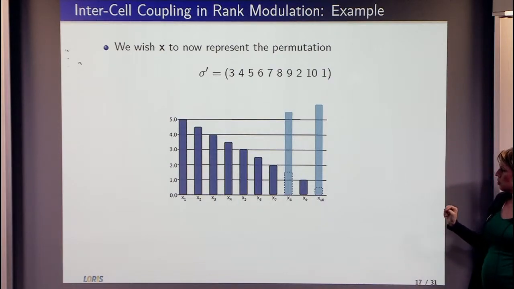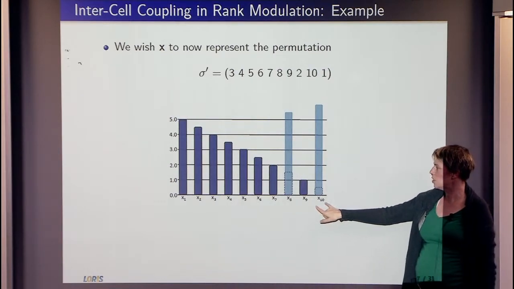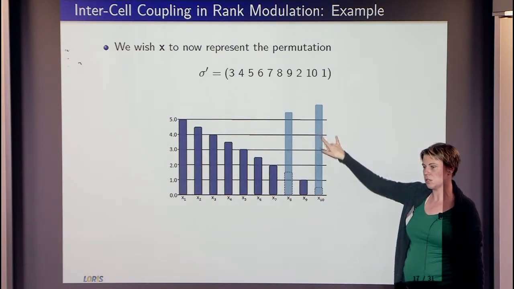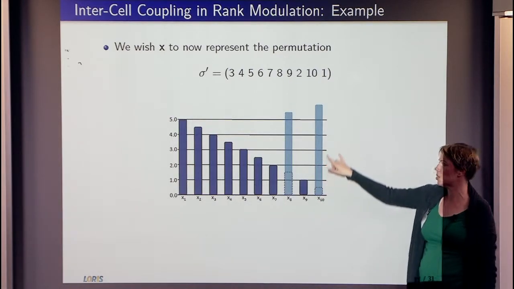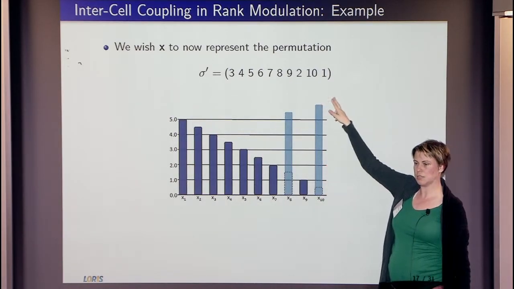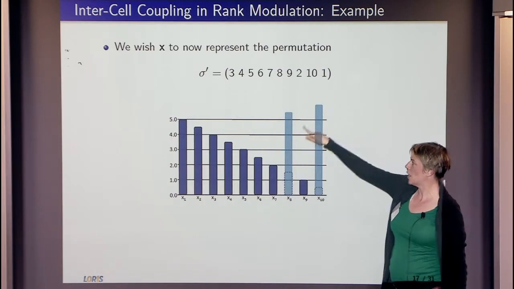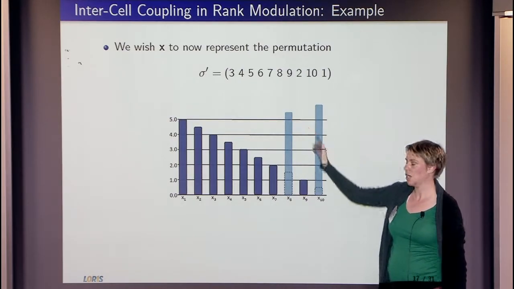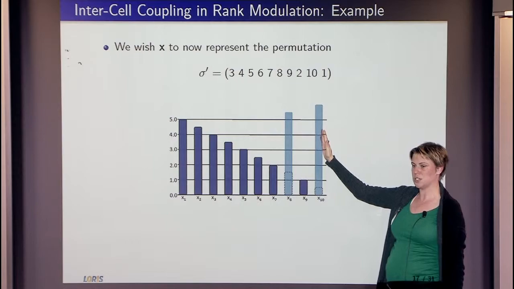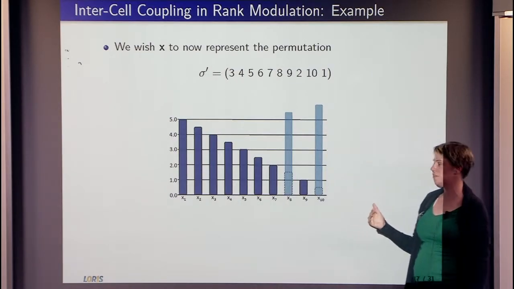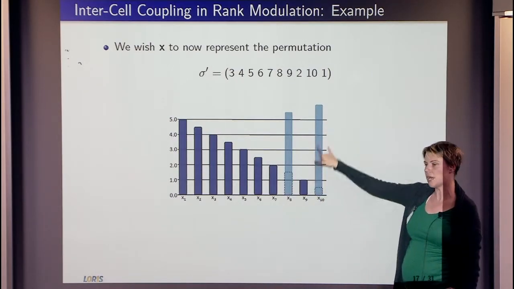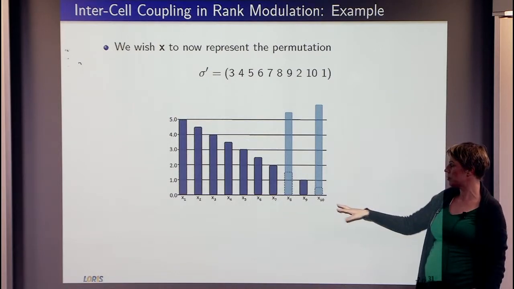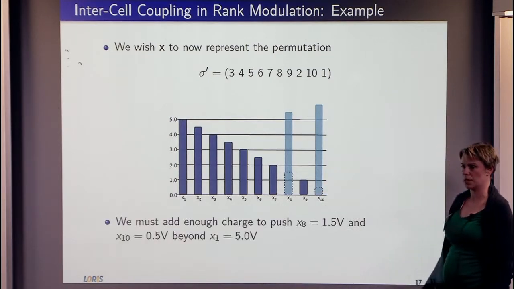We need to inject just enough charge in corresponding entries to change the relative ordering. So this one must be the highest, and this one must now be the second highest. But I'm adding a lot of charge in these 2 cells, and intercell interference occurs when 2 cells are strongly programmed, and then something happens in the middle.